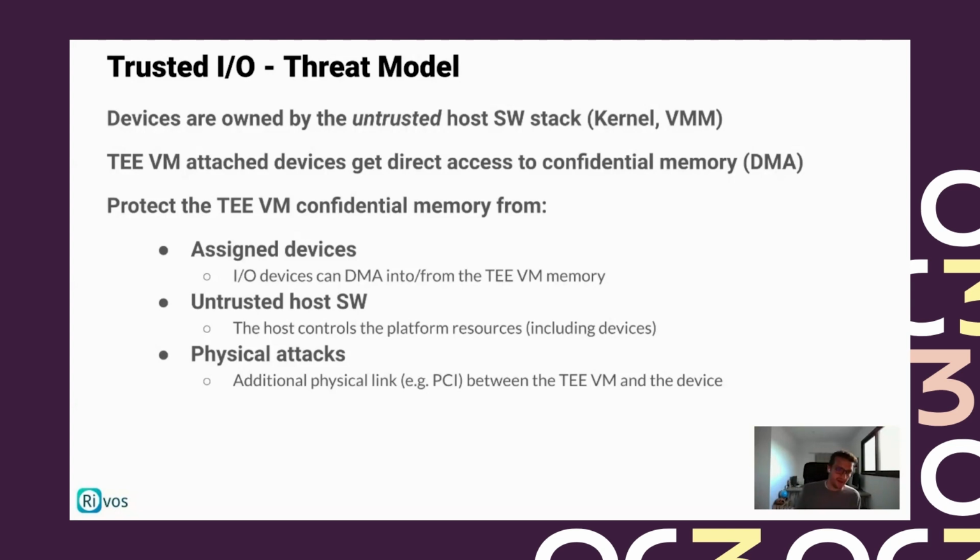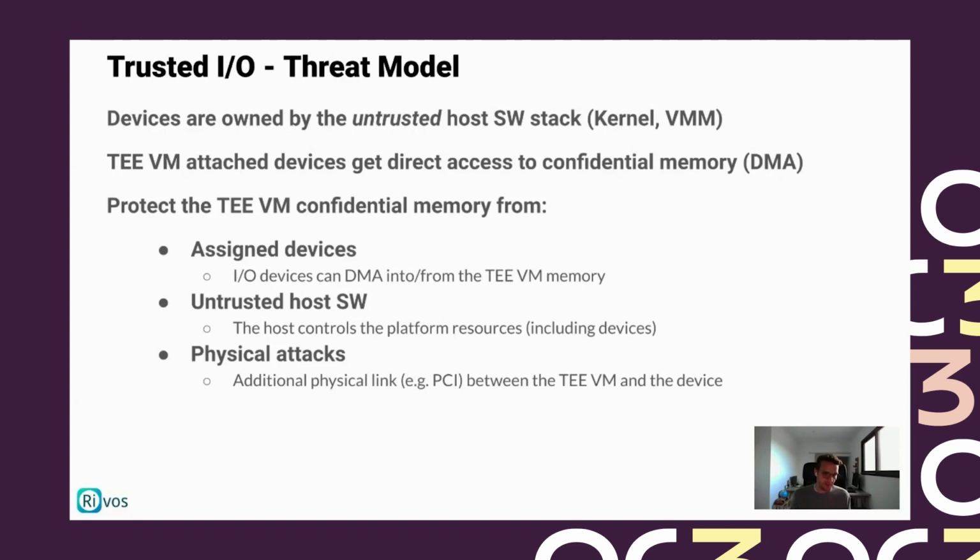So we want to make sure that those devices are trustworthy and they can do those DMA operations. We are protecting the TVM confidential memory also from the untrusted host software. As I said, the host controls the platform resources, including those devices that we attach to the TVM. And as such, they could use the devices that are being attached as proxies into accessing the confidential memory.